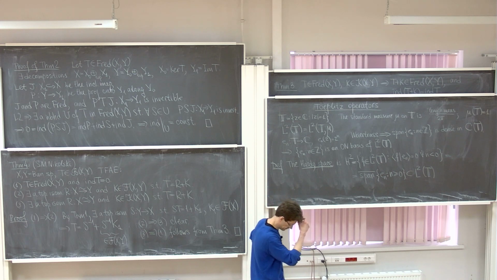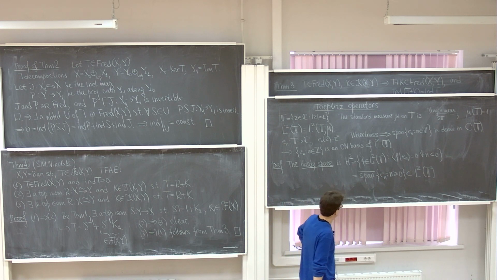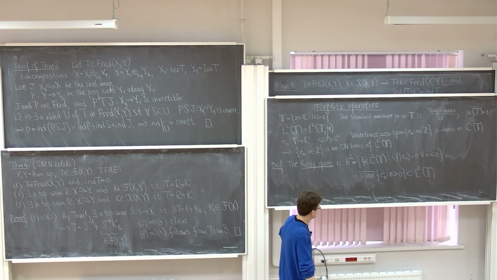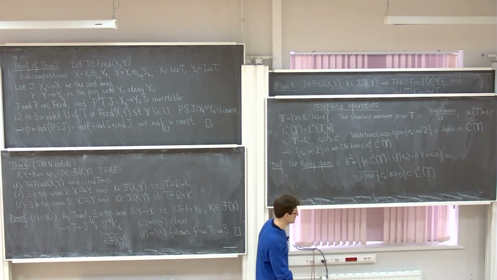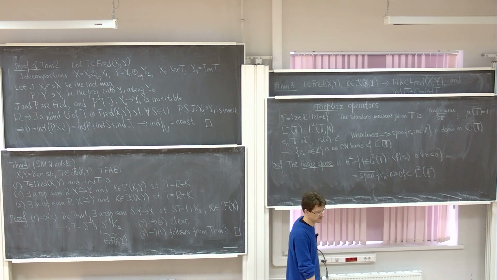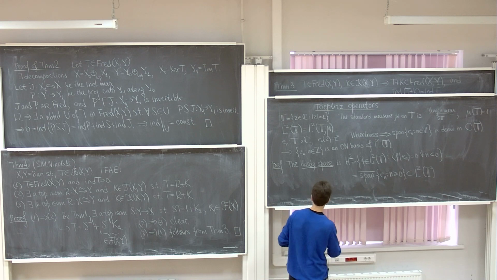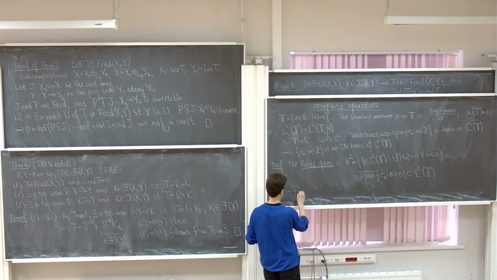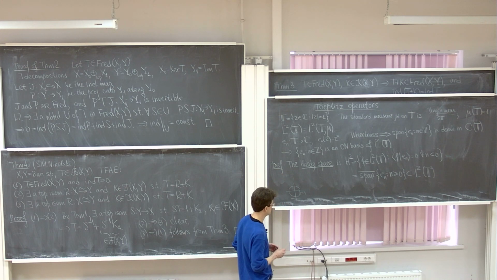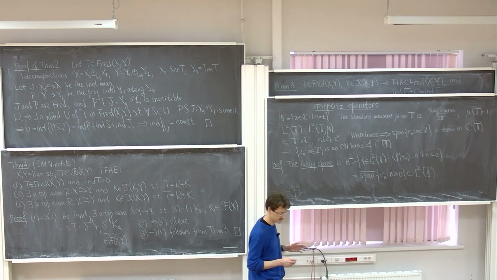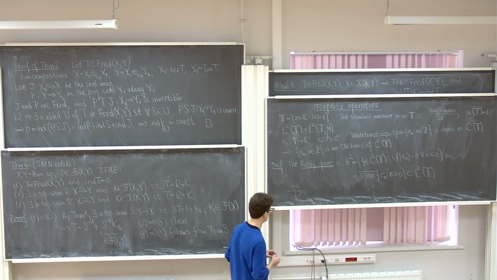Well, maybe this is the same. I don't see it immediately from your definition. Actually, there are several equivalent definitions for the Hardy space. For example, we can define it as the space of those analytic functions on the disk for which the L2 norms over the circles of radius strictly smaller than 1 converge to some limit. And this will be equivalent. But this is not exactly what you have just said.